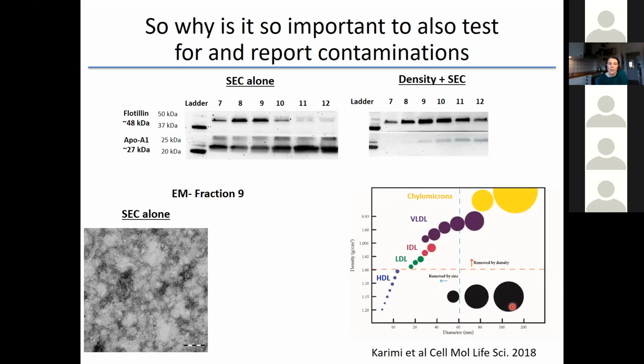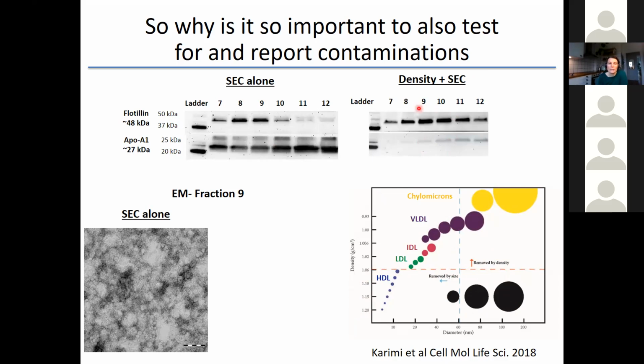We loaded our plasma samples first on a density gradient or a density cushion. Then we took the samples that are in this density and loaded them on a size exclusion chromatography and separated on size.